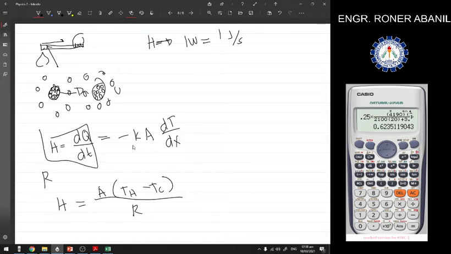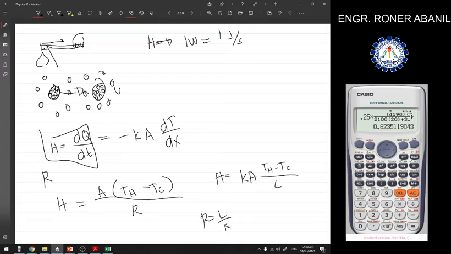Kasi yung equation na yun is H is equal to KA multiplied by TH minus TC over L. Kung i-compare din daw natin yan, ang lalabas dyan is R equals L over K. Yan.